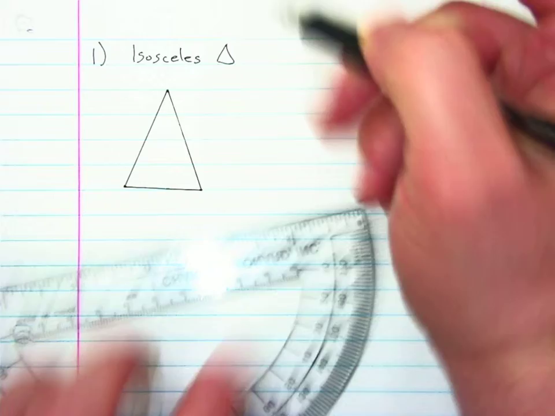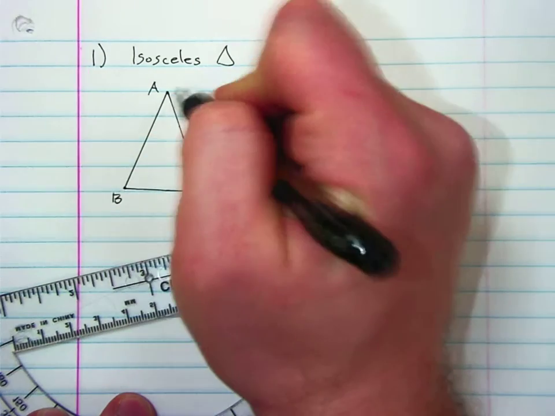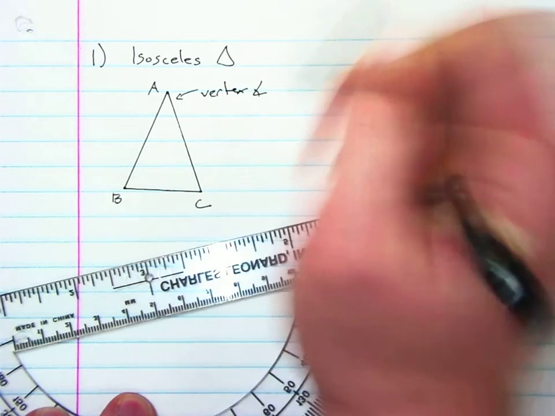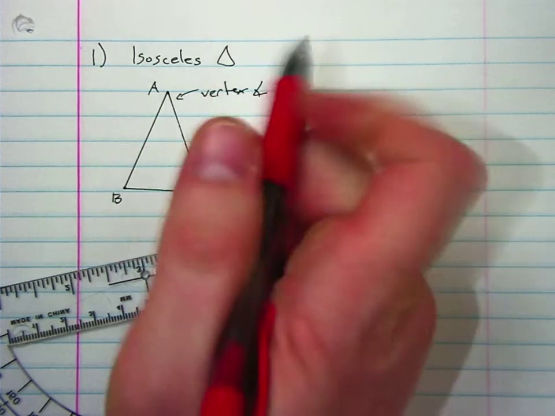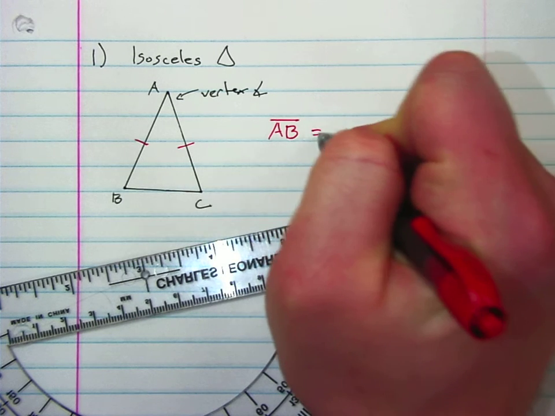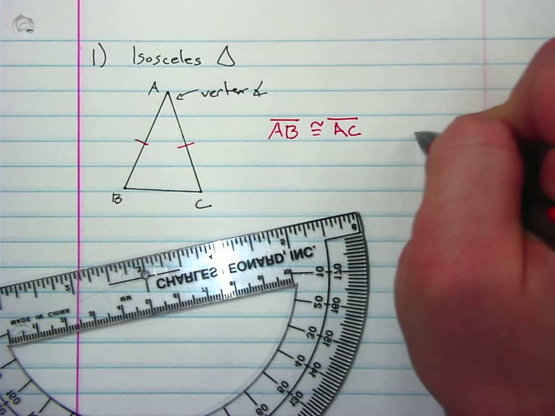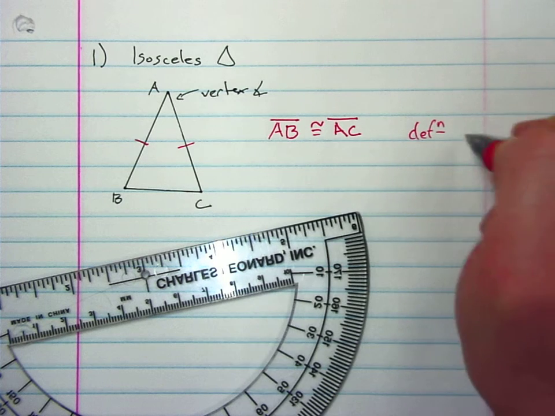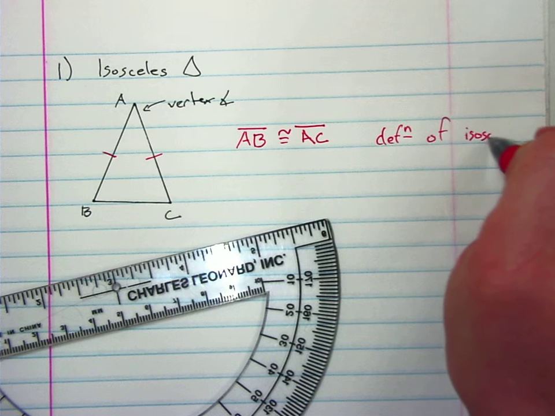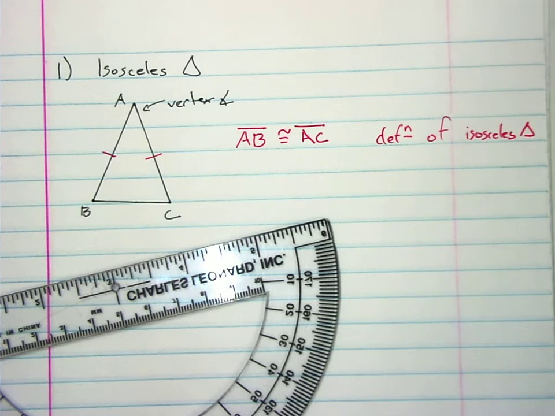If I have triangle ABC, and A is the vertex angle, I know automatically I can say that AB is congruent to AC by the definition of isosceles triangle. So that's the first one.